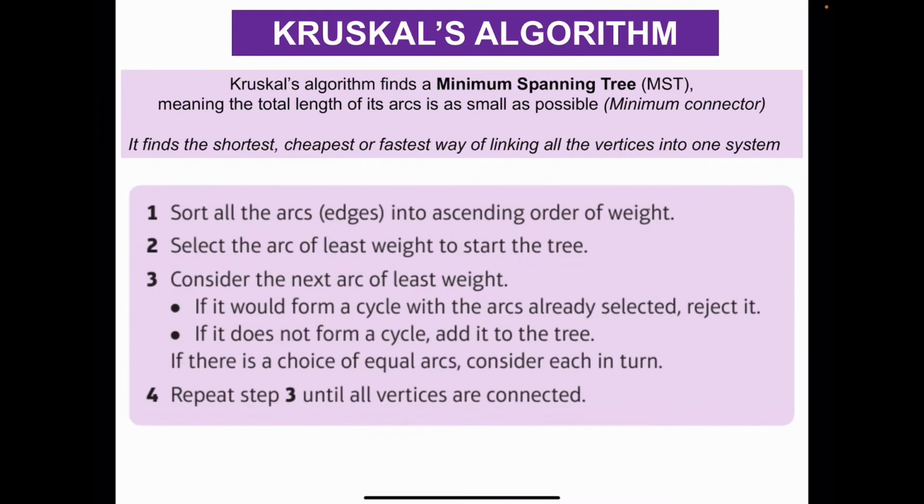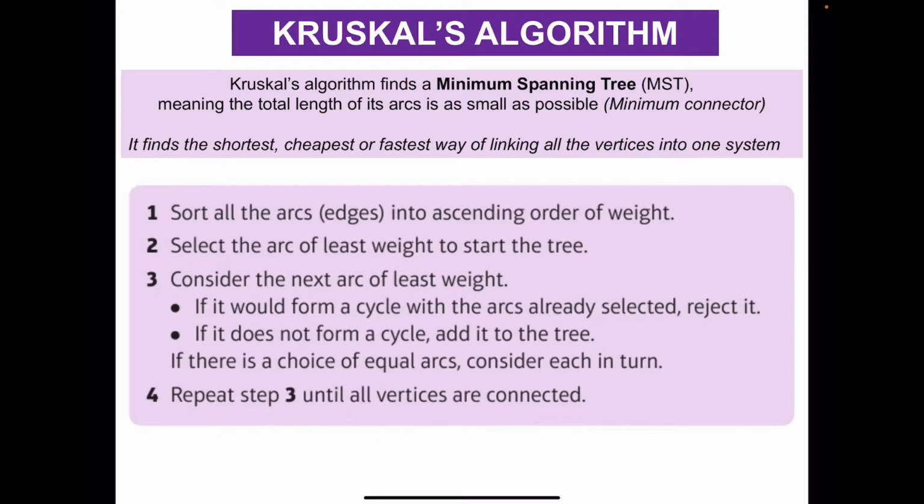The algorithm works like this. If you are given some network, you need to sort the arcs or the edges into ascending order of weight, that means from the minimum to maximum. Then you start your tree with the smallest or the shortest edge between the vertices.